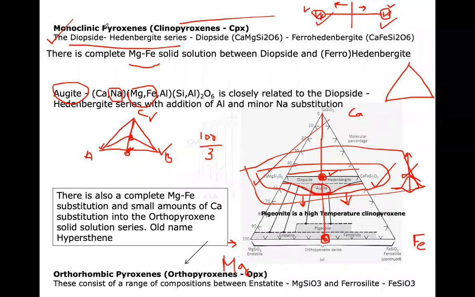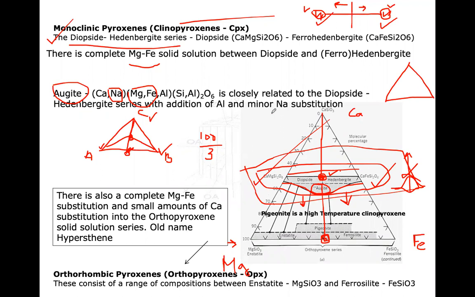Right. So augite composition, you can see here calcium, sodium, magnesium, iron, everything is there. That's why you can see it has a broader region here just for augite. It is closely related to the diopside-hedenbergite series, with the addition of aluminum and a minus sodium substitution, right?